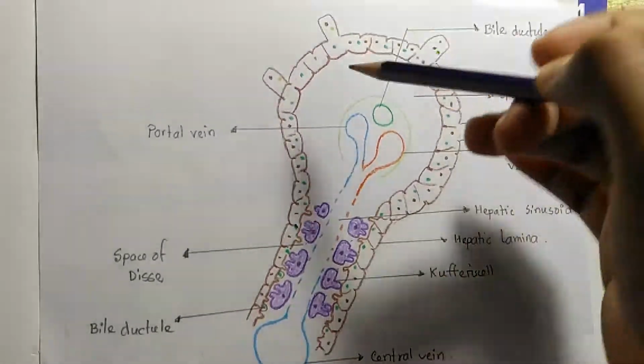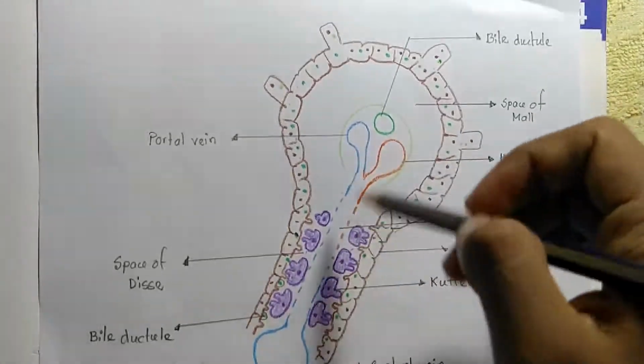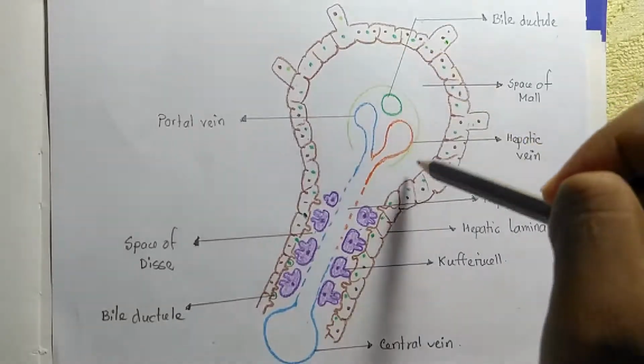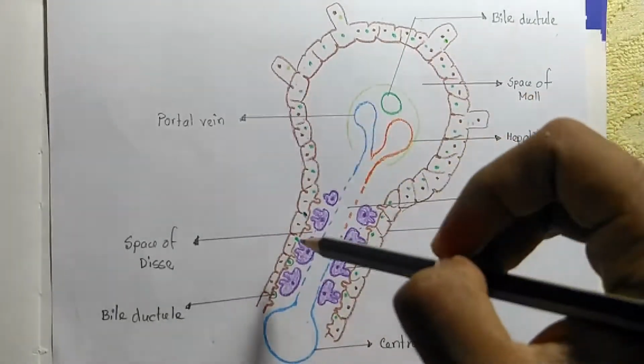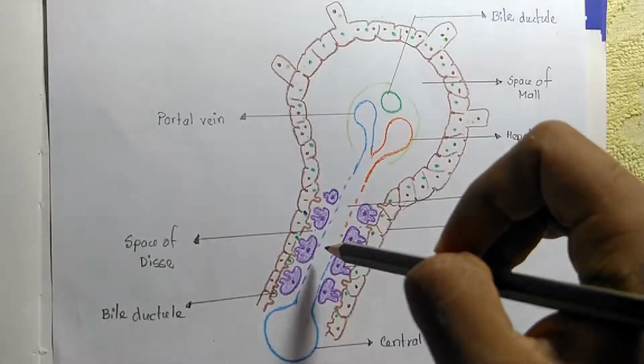Now the microstructures of the hepatocyte, because you can see that there are two layers of the hepatocyte, and this is the hepatic sinusoid that is present.